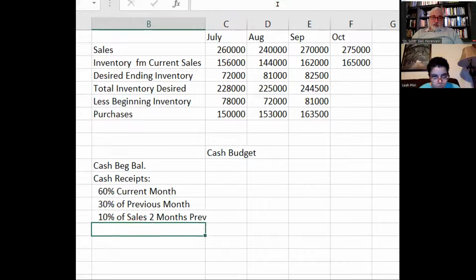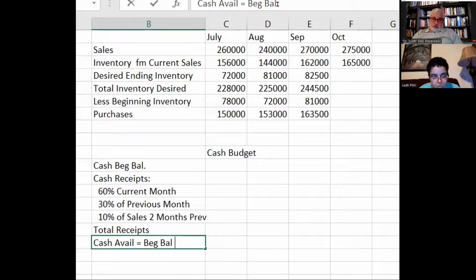Okay. So we'll subtotal here, total receipts. We'll go ahead and figure out cash available based on beginning balance plus receipts. Then cash disbursements.